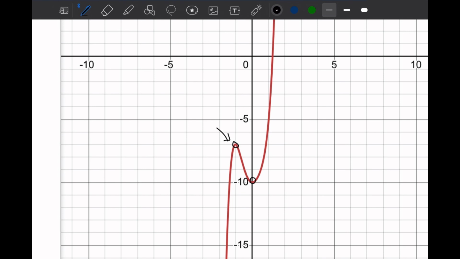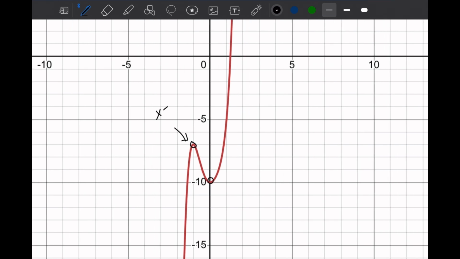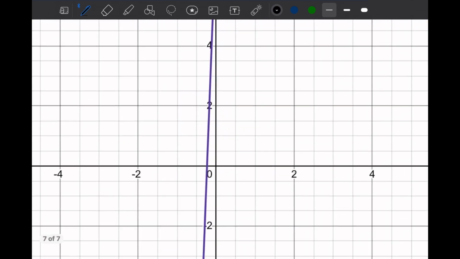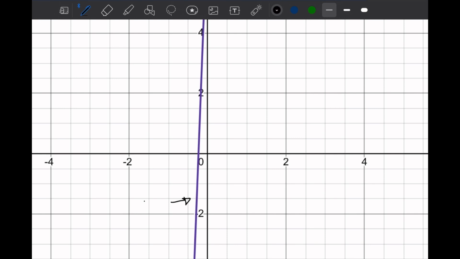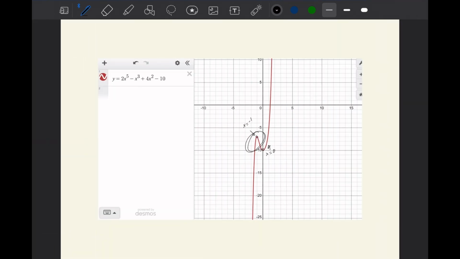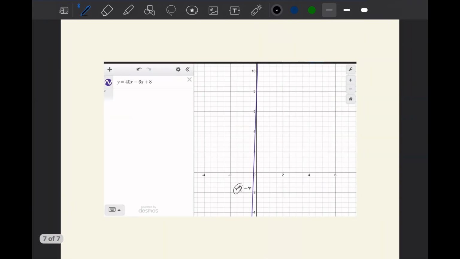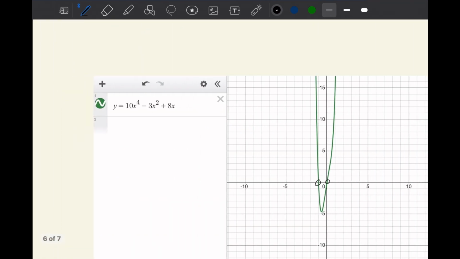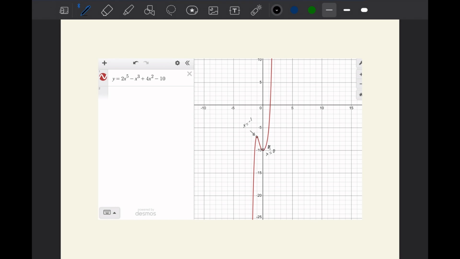Now, this one at x is equal to -1, and this one at x is equal to 0, when you look at the second derivative, x is equal to -1 is a negative value, which is exactly showing that this is a local maximum. Now x is equal to 0 is a positive value, which is showing that it's going to be a local minimum, which is exactly what we can see right here.